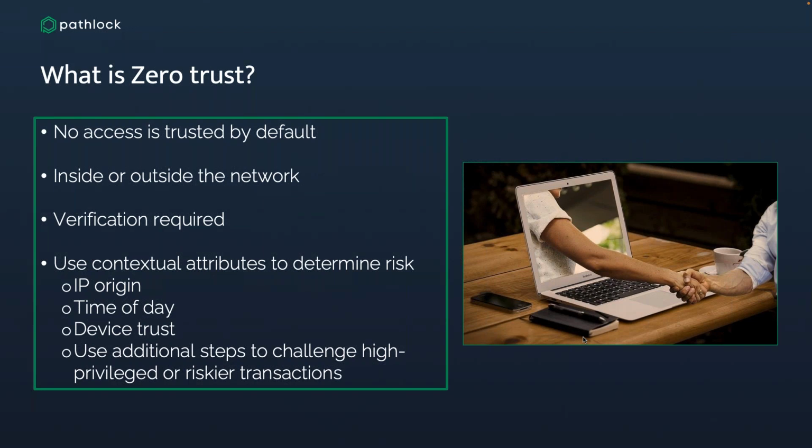Zero trust means that regardless of you putting in your user ID and password, I'm just not going to 100% trust you unless there are other features or attributes based on how you're accessing my system that show me that I can trust you. That's sometimes what's known as verification, multi-factor authentication, all sorts of things like that.